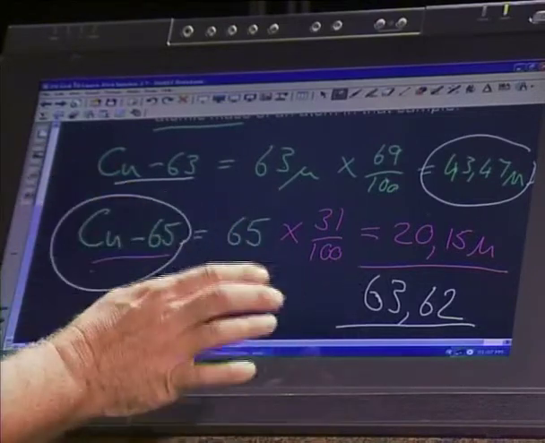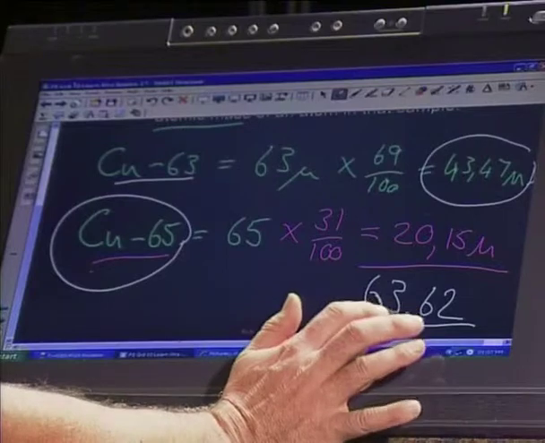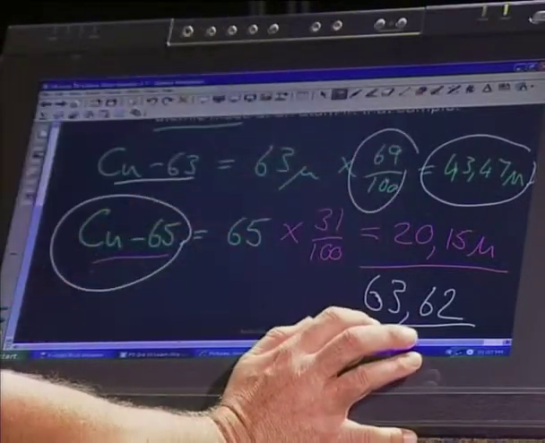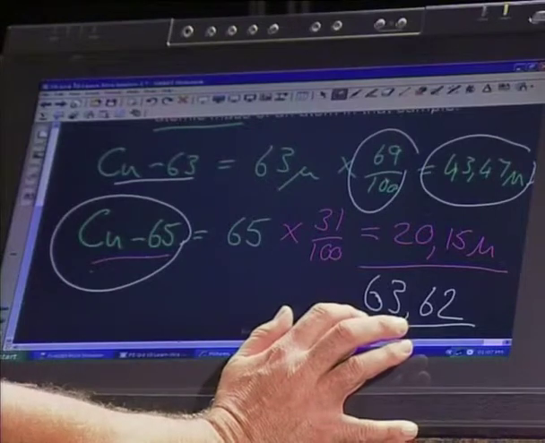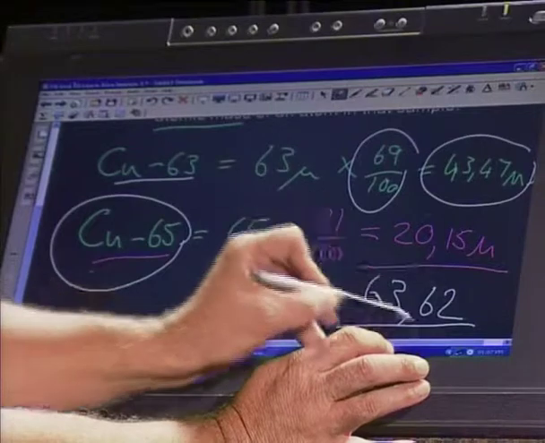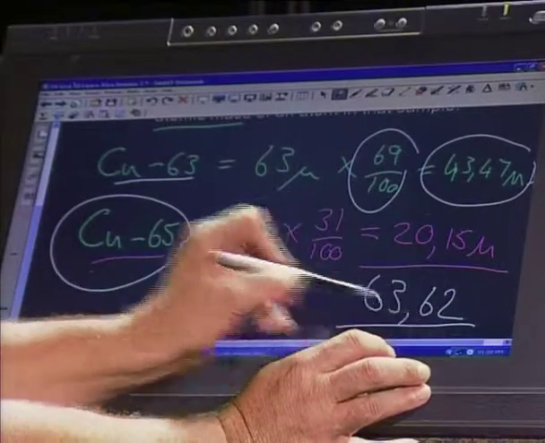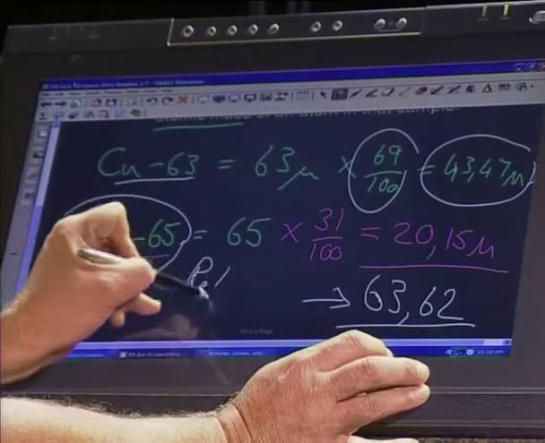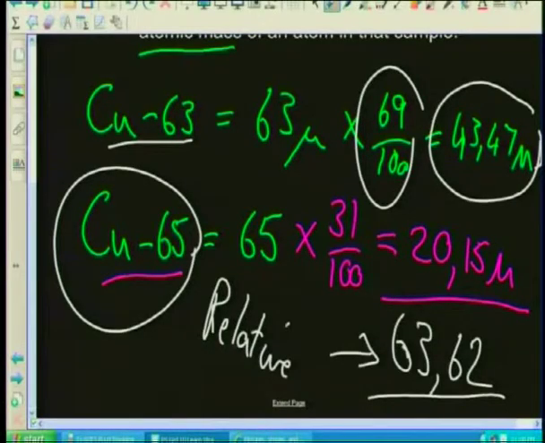And what you can see is it's slightly more than 63 because there's the majority of them. Almost 70% are 63. A smaller number are a little bit bigger. So that's why there's now a decimal comma. And this is the relative atomic mass. It's the average of all the isotopes.